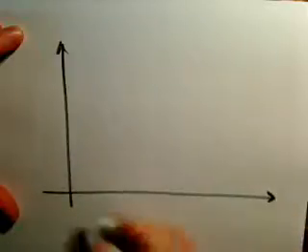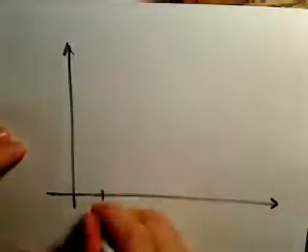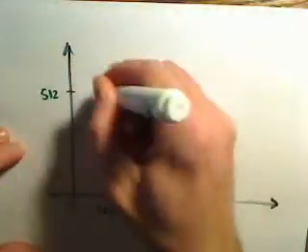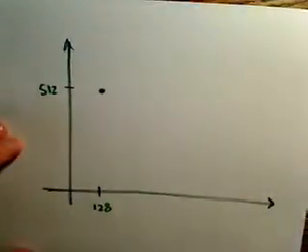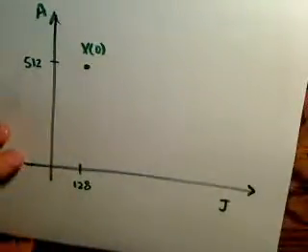One last thing I want to mention is there's a whole geometric aspect of this that can easily be overlooked. If we had started from, let's say, that initial 128 and 512 population, so this is our juvenile axis, this is our adult axis, and that was our x0.